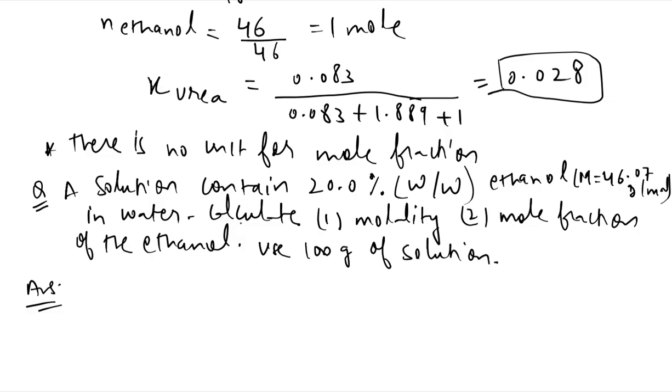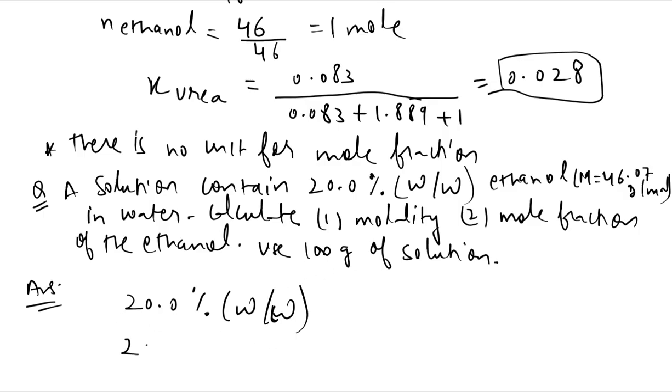Okay, so first let me explain what 20.0% weight by weight represents. It represents the weight of the solute versus the solvent ratio. Weight by weight means 20% weight by weight in a 100 gram solution.